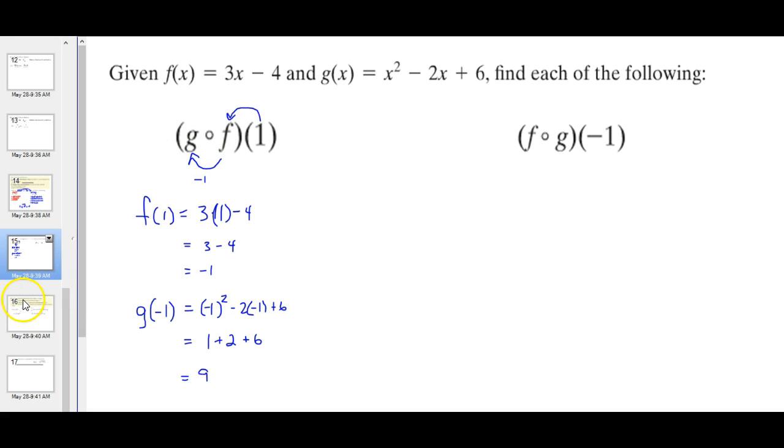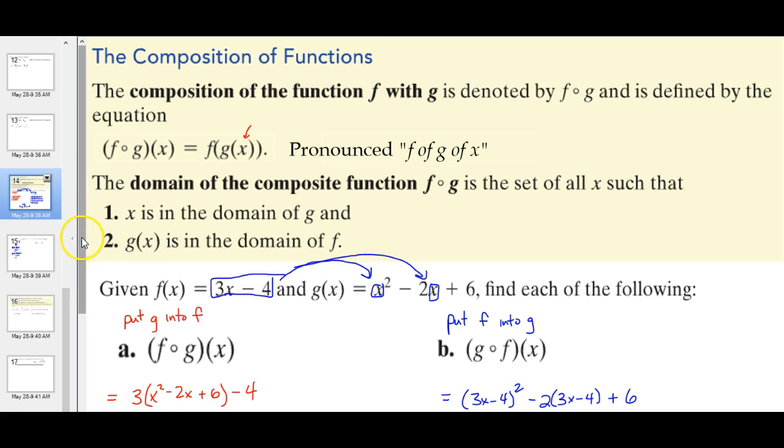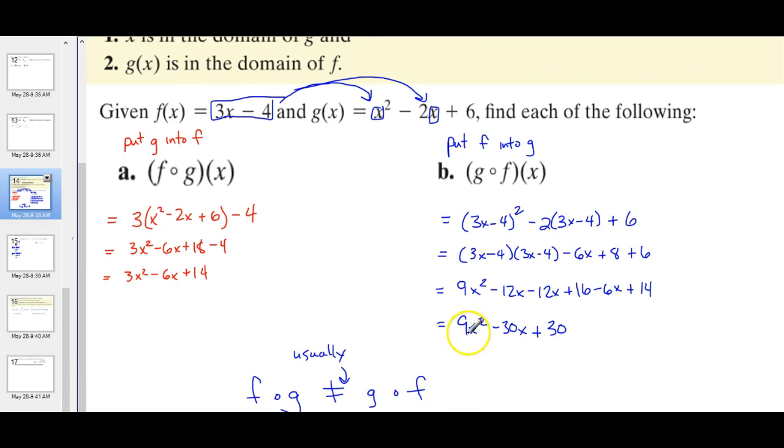Now, going back to the last slide, again, it's the same two functions. So g of f was the last thing we did here. And if I plug 1 into this, I get 9 times 1 squared minus 30 times 1 plus 30, which is 9 minus 30 plus 30, which 30s will cancel, and we're just left with 9.